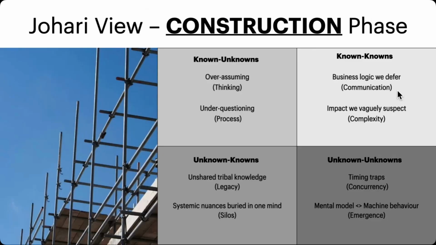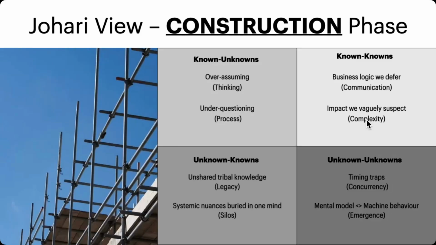We differ, and therefore bugs happen. So obviously we can do something about it because we know that we could improve the communication. Or sometimes we know there is an impact because it is complex and we don't know it fully. We probably suspect initially, we can analyze, and therefore it might slip. So we know that we probably have to analyze a little more deeply, understand the complexity, figure out the risk, and do what we can to prevent some of those or figure it out at the early stage.